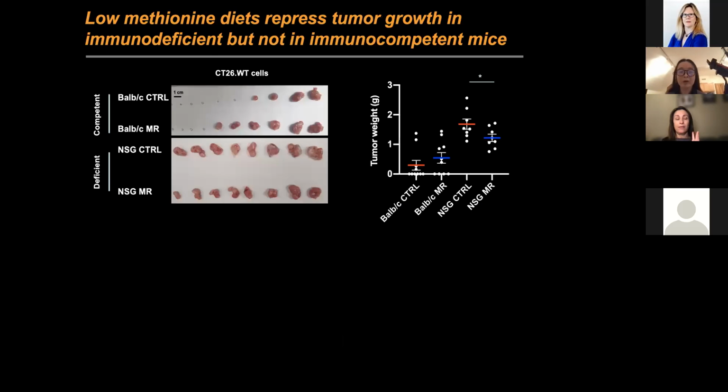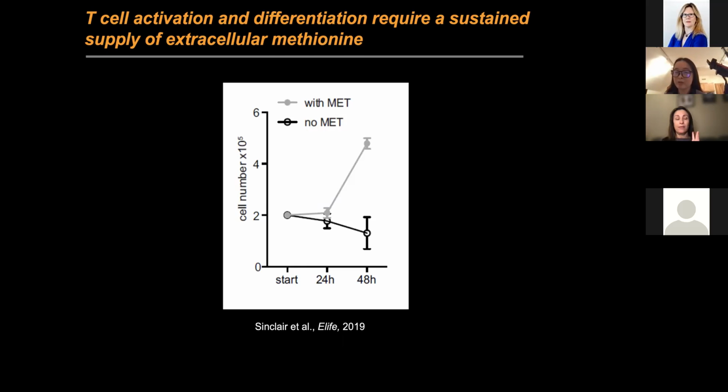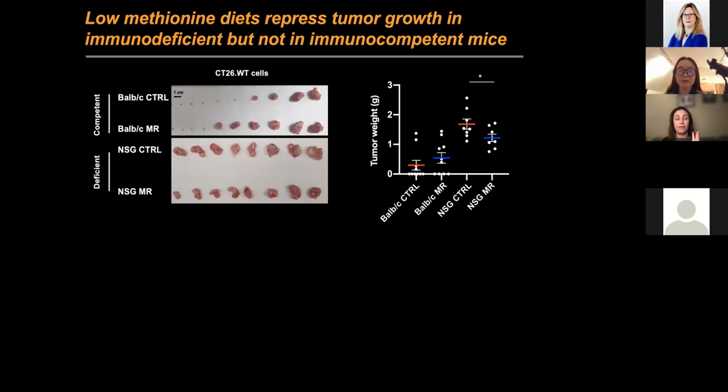So we were wondering whether the difference we saw in our APC min mice is due to their different host immune system status. To test this, we decided to use a syngeneic tumor model using mouse colon cancer cells, CT26 wild-type cells. These cells can be allografted into an immunocompetent BALB/c mouse and form tumors.